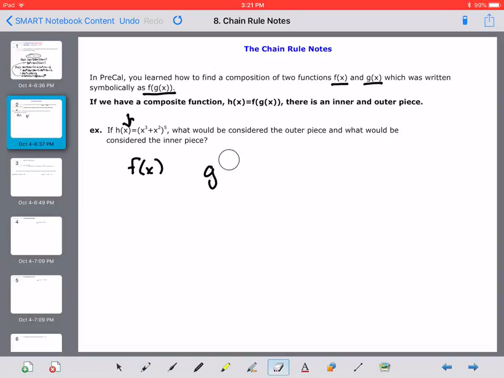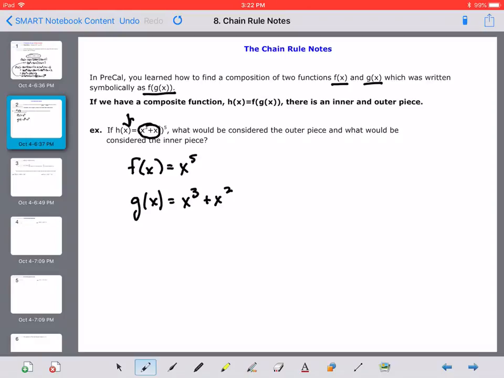So we consider our f of x and our g of x. Sorry, give me more room since I write so big. G of x. I always start with the inside piece. So the inside piece is my g of x, and that's that x cubed plus x squared. So if we take that out, this piece right here, for our outside function, that's our x, now raised to the 5th.